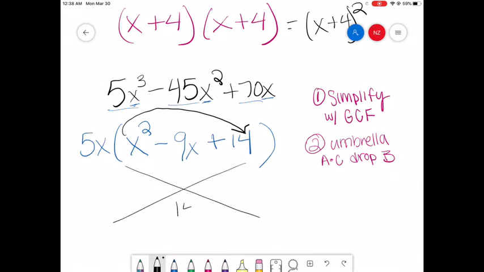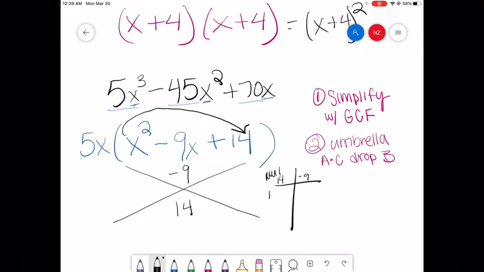A times C gives me 14. Drop down B, I get -9. So hopefully by now you have a good number sense of multiplying to get 14, adding to get -9. If you need to do your t-chart, you can do that off to the side.